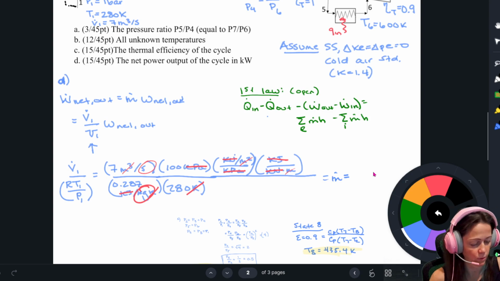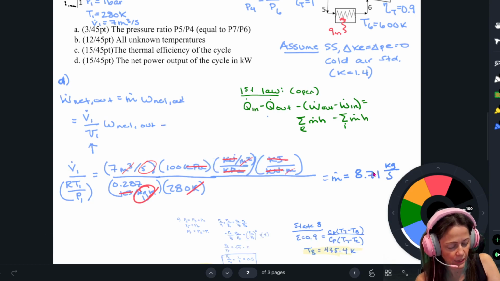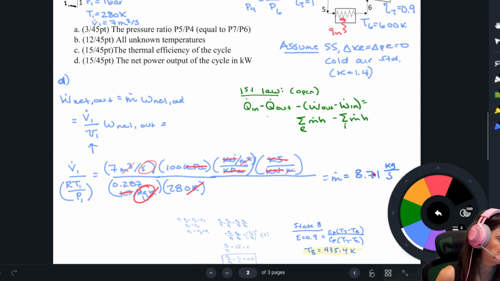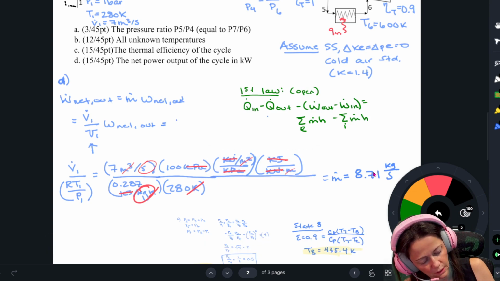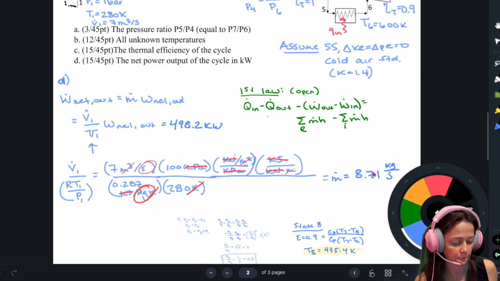I've got 8.71 kilograms per second. And when you plug everything in, you should have gotten 498.2 kilowatts.